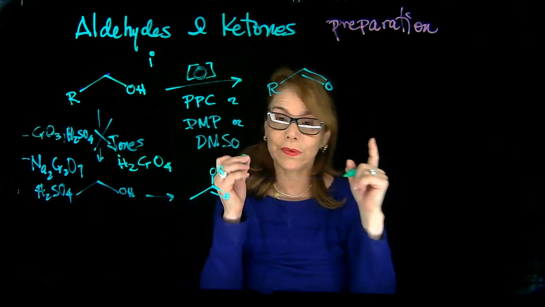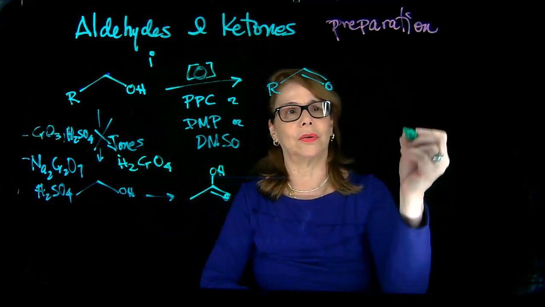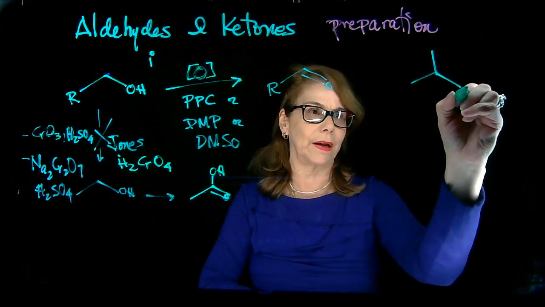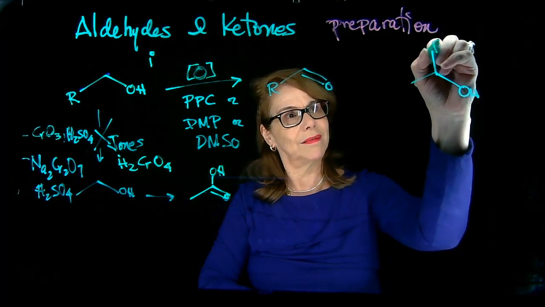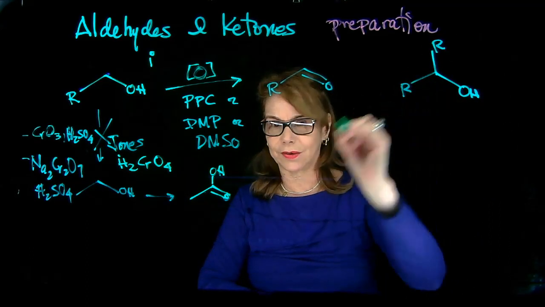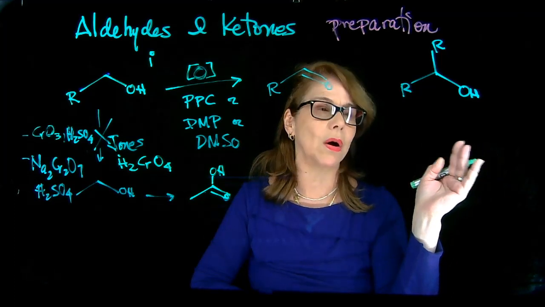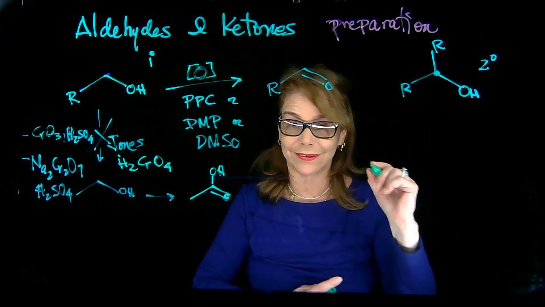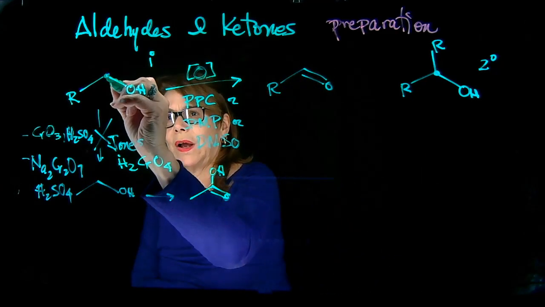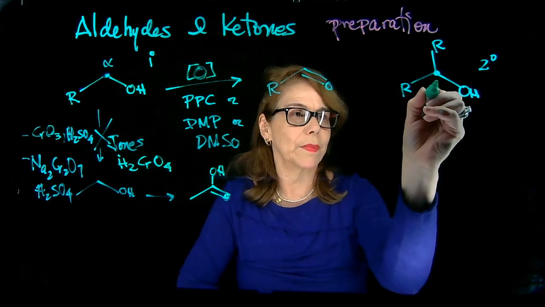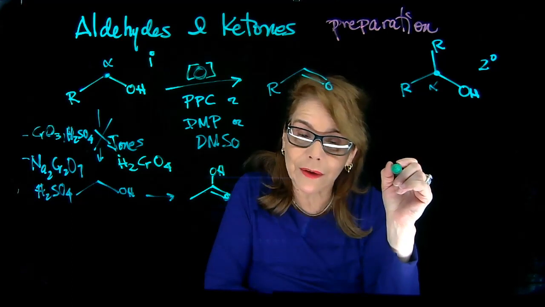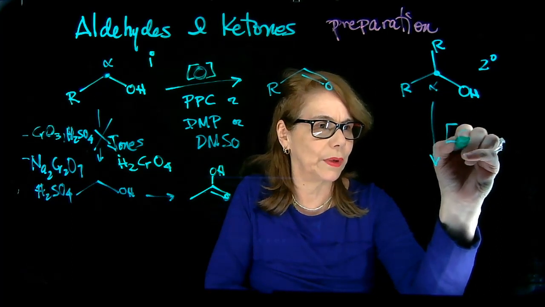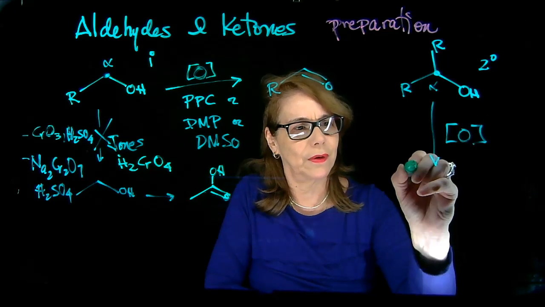Now, this is from primary alcohols. If you start now from a secondary alcohol, let's throw here any other group, methyl, ethyl, anything you want. The secondary alcohol, remember, has two R groups on your alpha carbon. So regardless of the oxidizing agent that you use, you will always get a ketone.